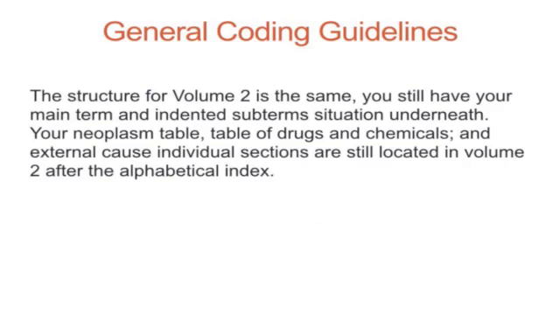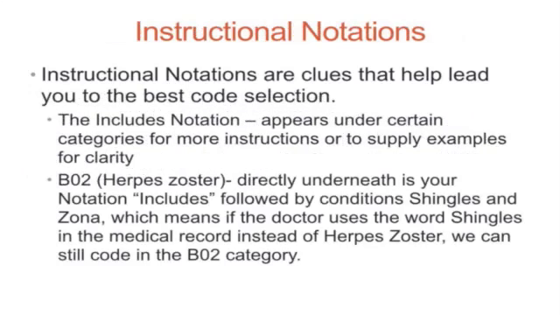You still have your main term and indicated subterms underneath. Your neoplasm table, table of drugs and chemicals, and external cause sections are still located in Volume 2 after the alphabetical index. Instructional notations are clues that help lead you to the best code selection.